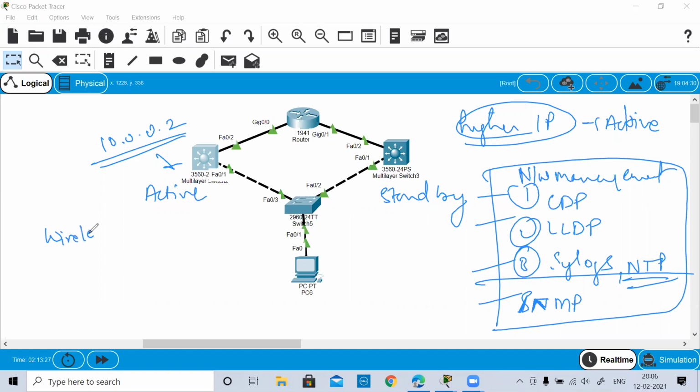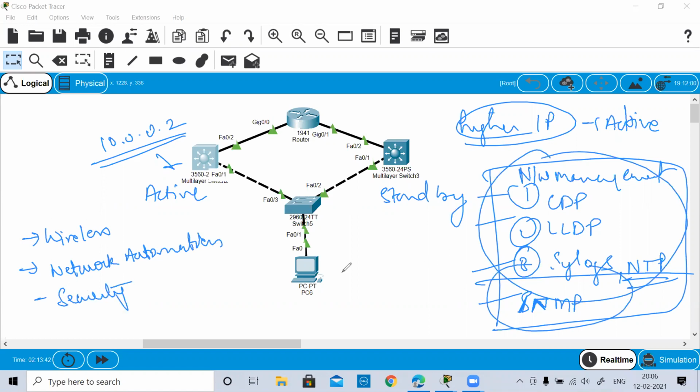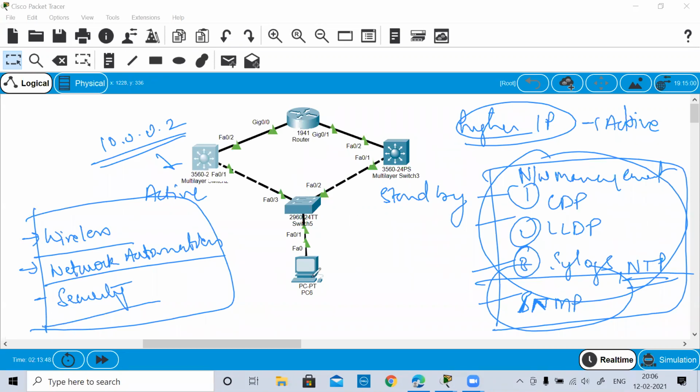The remaining topics are wireless, network automation and security. These are the three topics left to complete. So first we will complete management and IP services, and then get into the three different categories of CCNA which we are left with.